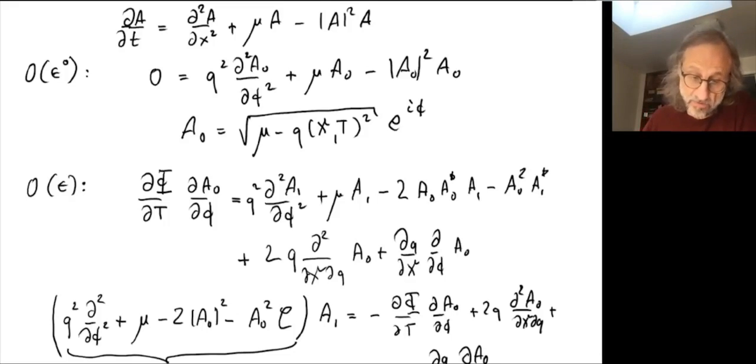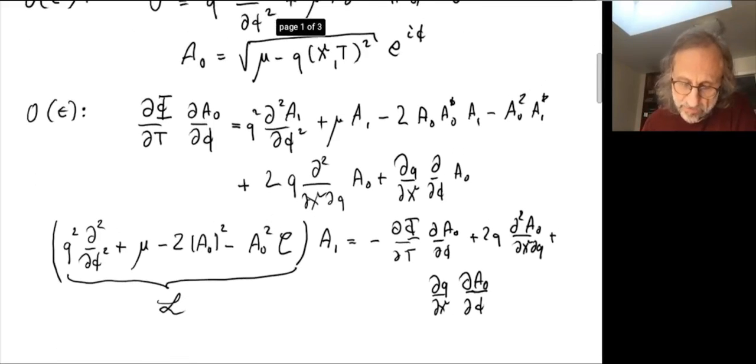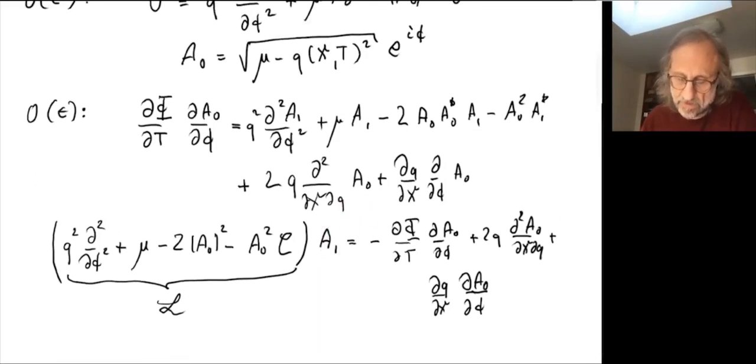So we go to next order, and there we want to determine A1, and therefore to do that we need to invert L, and as always the question arises, is L singular or not? Okay, so we need to figure that out.